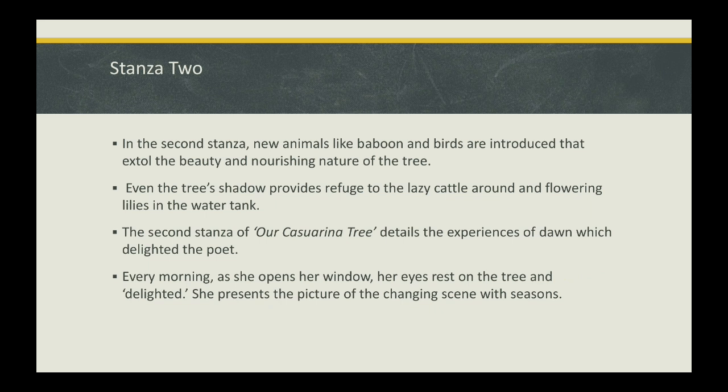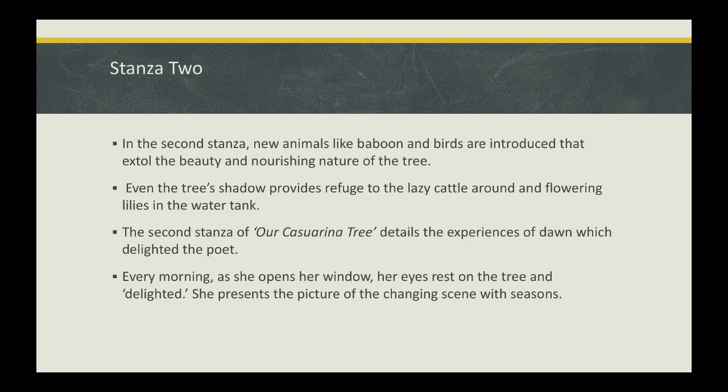In the second stanza, new animals like a baboon and birds are introduced that extol the beauty and nourishing nature of the tree. So the tree's beauty was already mentioned in the first stanza. In the second stanza here, the outer elements that are not touched or connected to the tree are also contributing to the beauty of the tree, the nourishing nature of the tree.